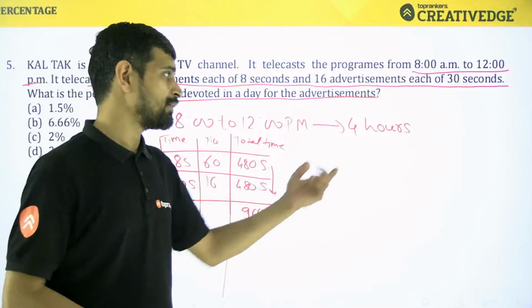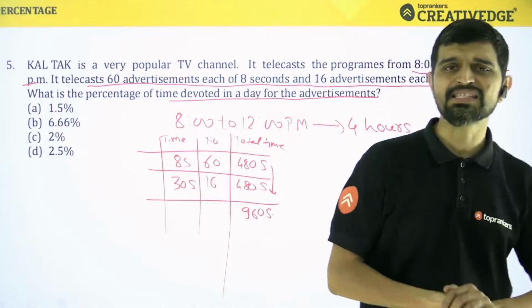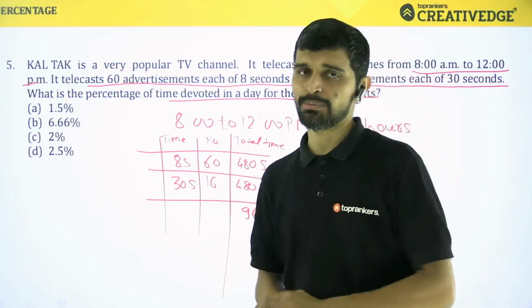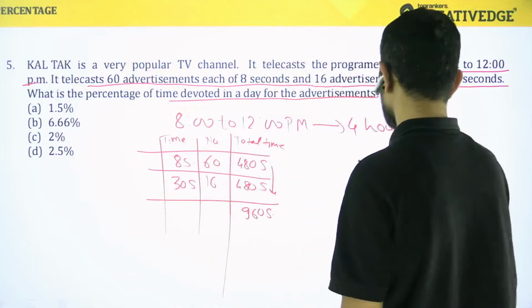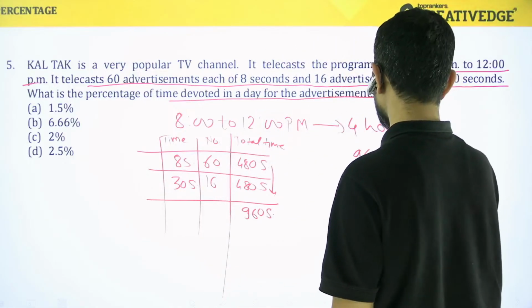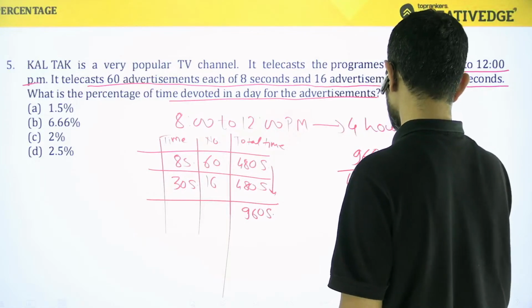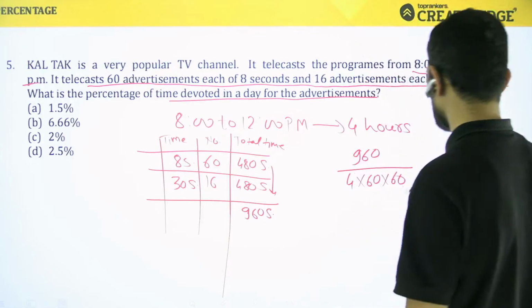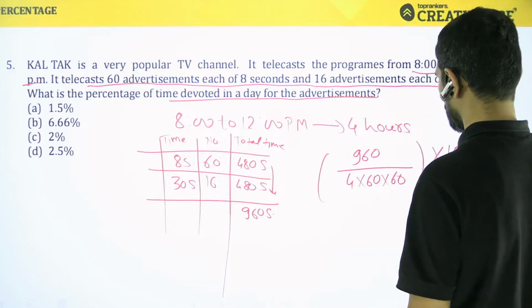And exactly 4 hours is our reference. So 4 hours का कितना percentage 960 seconds होता है, यही question ने पूछा है. A is what percent of B? Right. So this is 960 divided by 4 hours, 1 hour has got 60 minutes, each minute has got 60 seconds, and this entire thing needs to be multiplied by 100, right?